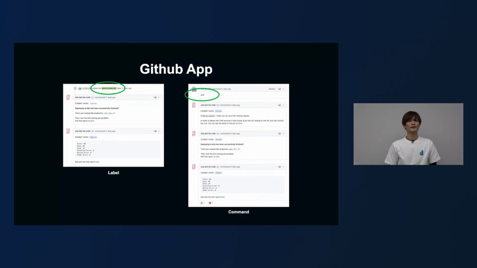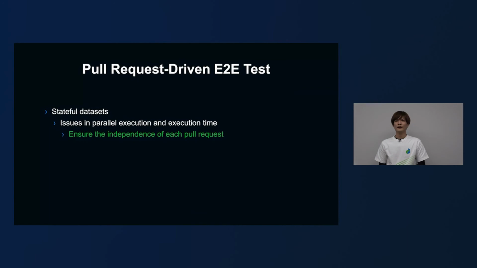After the test is over, the result is returned as a comment and related test report links are pasted, and on GitHub, the developer will be able to complete the execution of the test as well as the confirmation of the result. By introducing such a mechanism, the problems of E2E tests mentioned earlier have been solved to some extent.